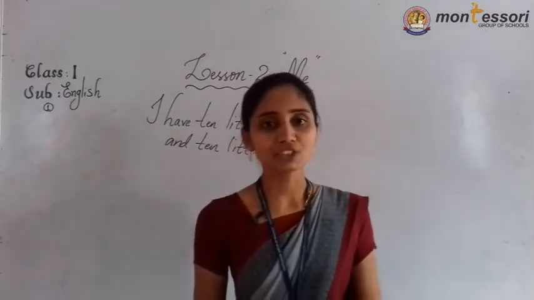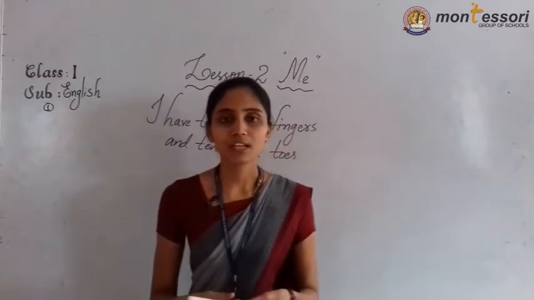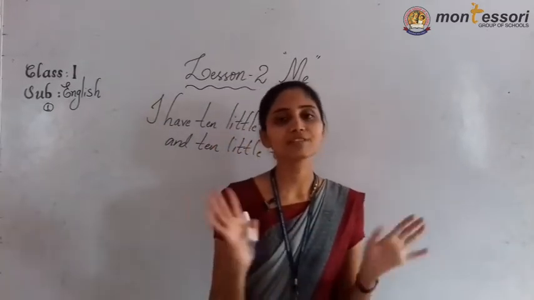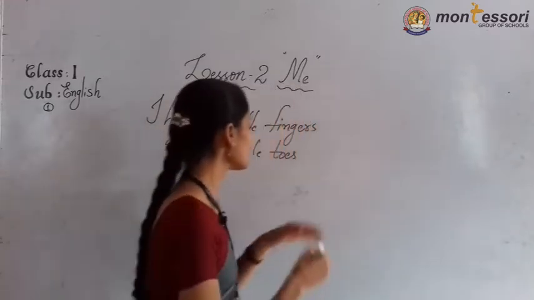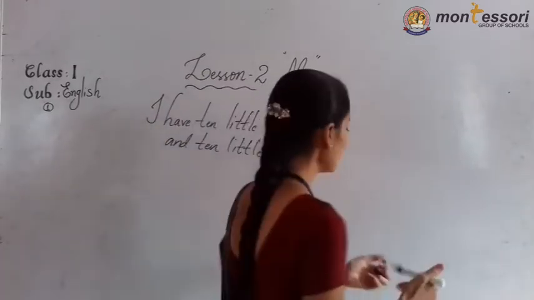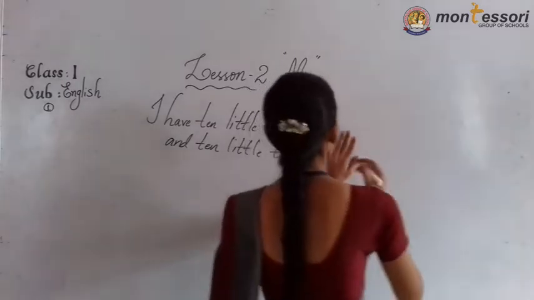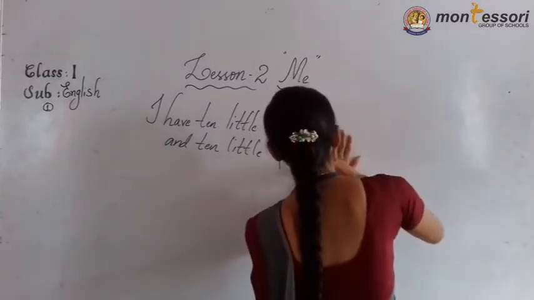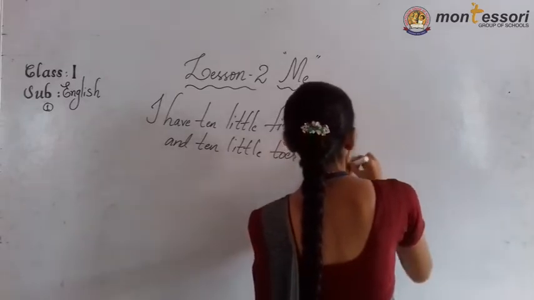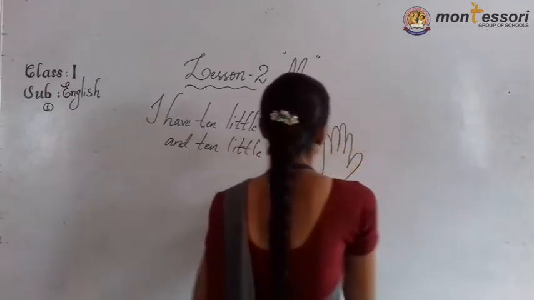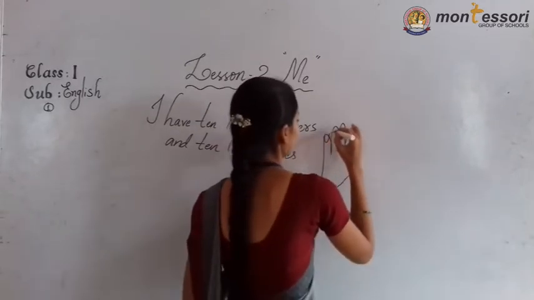Now, we all are having different names, no? Yes or no? All are having different names. Names along with that nicknames. Likewise, our fingers also have different names. See, this is our hand.